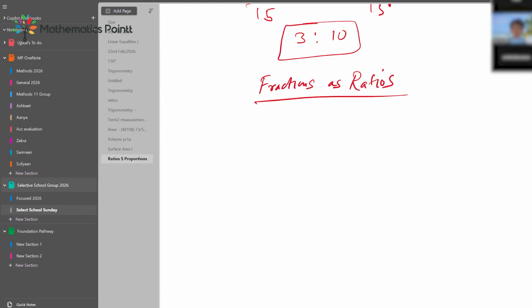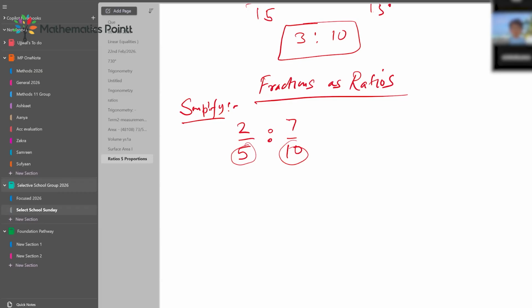Now let us say I have a fraction on the left hand side as a ratio, 2 is to 5, ratio 7 is to 10. Before I say we have to simplify this, what we need to do here is ensure that the denominators are the same. And there are two ways of doing it, right?